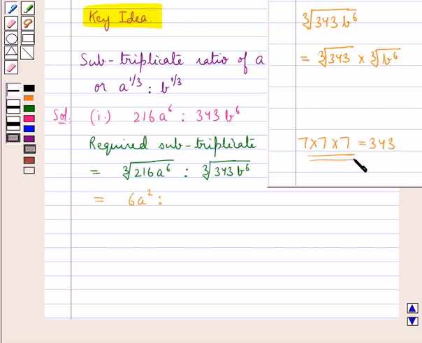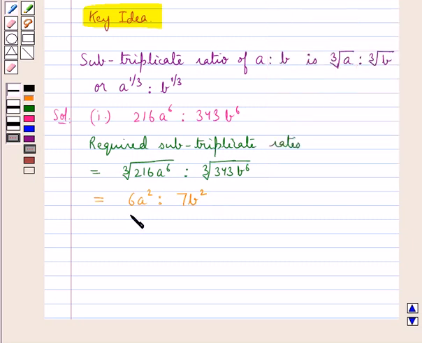Thus we get cube root of 343 is 7 multiplied by b to the power 6 whole to the power 1 upon 3. So we get this is equal to 7b square. So 7b square is the cube root of 343b to the power 6. So this is the required subtriplicate ratio, that is 6a square is to 7b square.